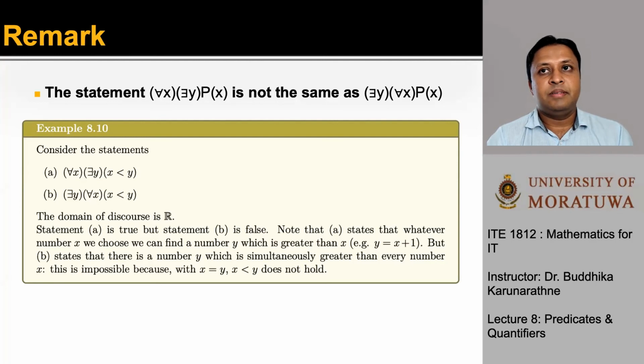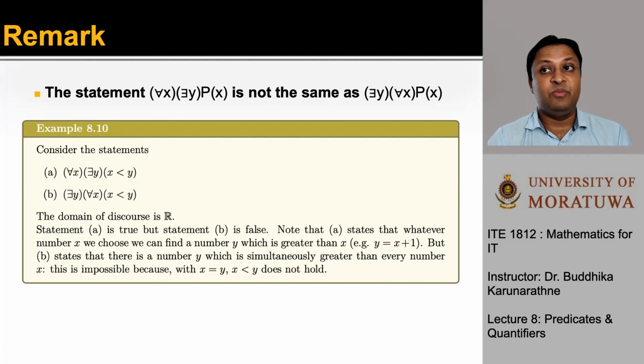Consider the statements: A, for all x, there exists y such that x is less than y; and B, there exists y, for all x, such that x is less than y. For this example also, the domain of discourse is R, the real numbers. Statement A is true, but statement B is false.